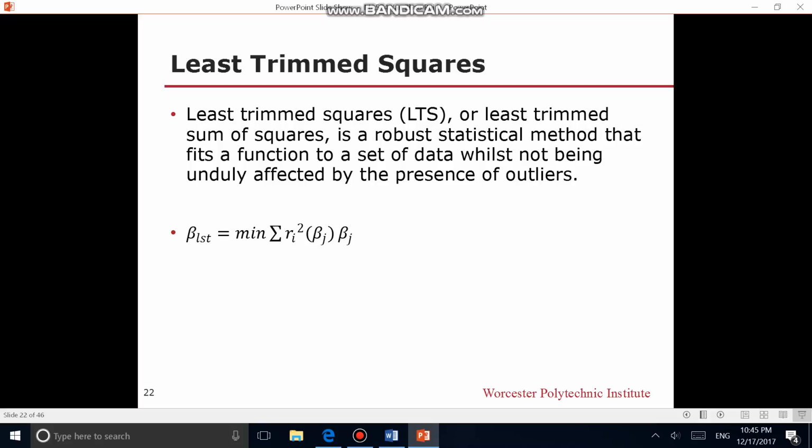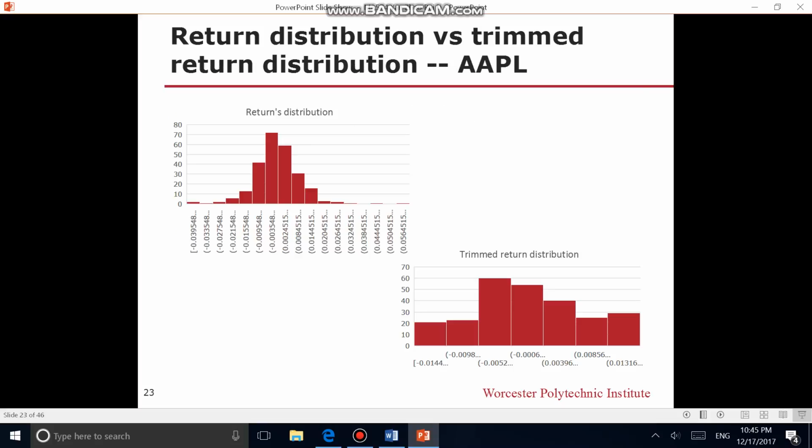And we calculated least trimmed square. Least trimmed square is a robust statistical method where we drop the outliers and prevent them from affecting our model. So here is the return distribution for Apple company.